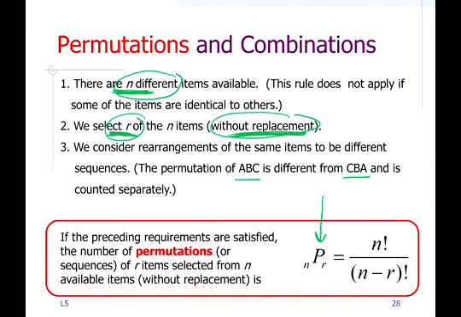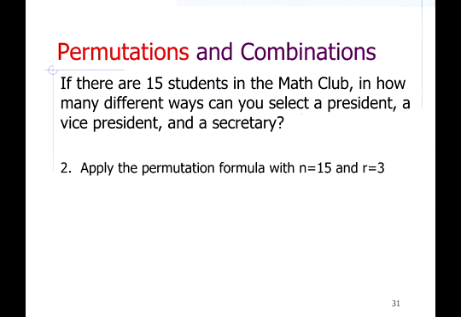It's a permutation. So going back to the 15 students, we're picking a president, a vice president, and a secretary, and the order matters here. So we could apply the permutation formula, where n is 15 and r is 3.